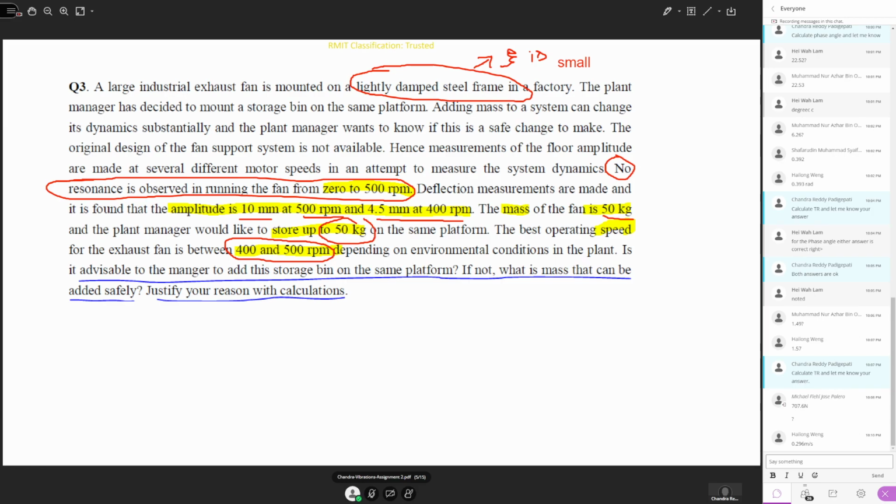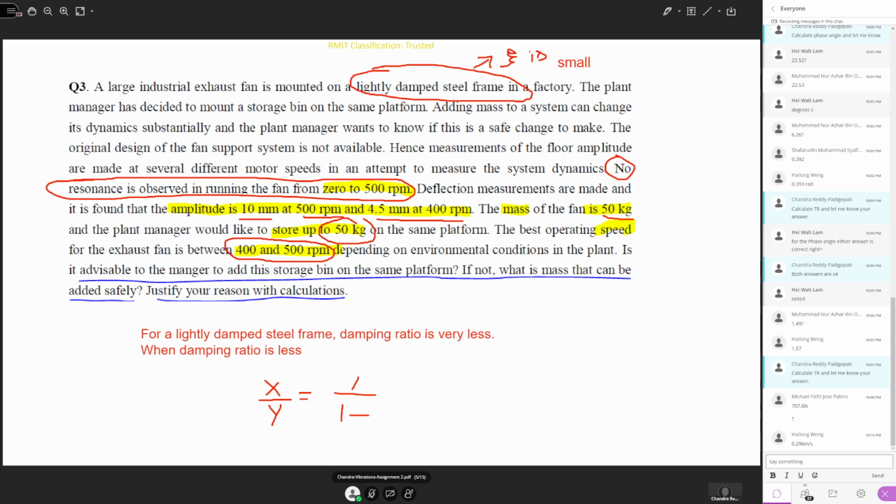we can write the transmissibility ratio X over Y as 1 over 1 minus R square.